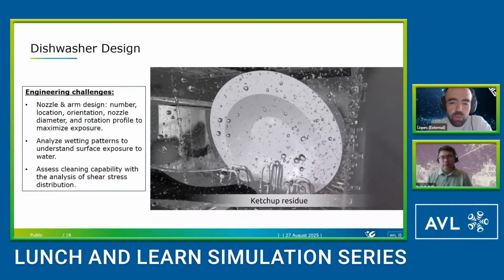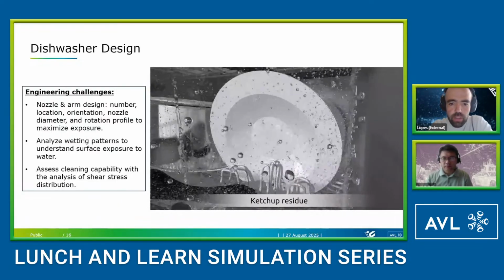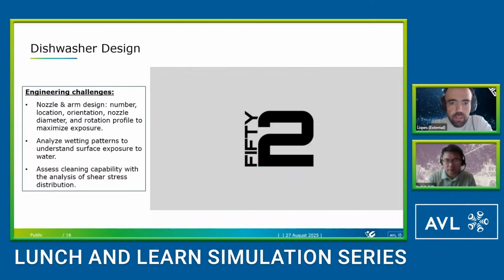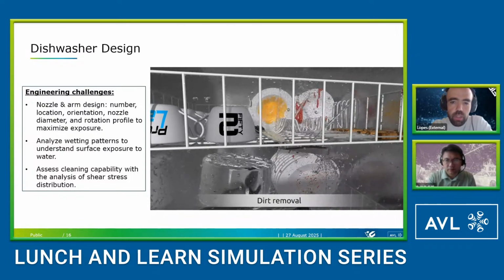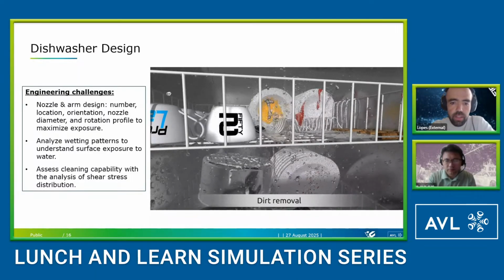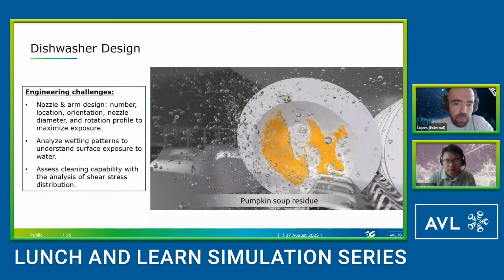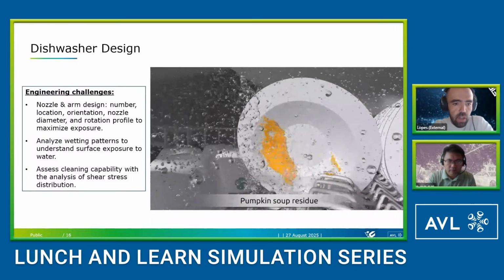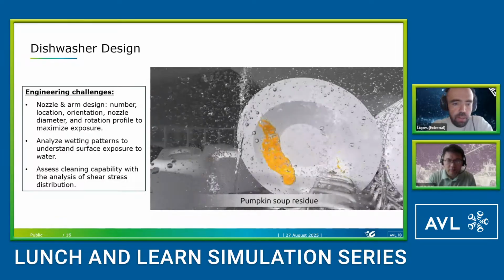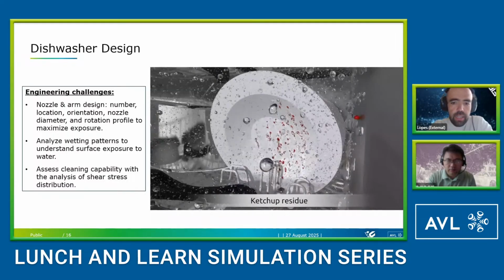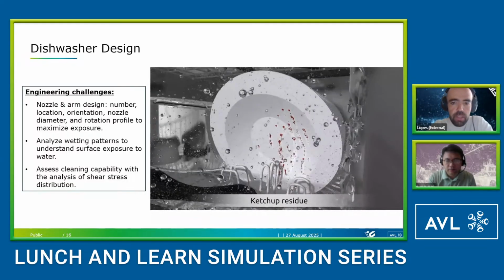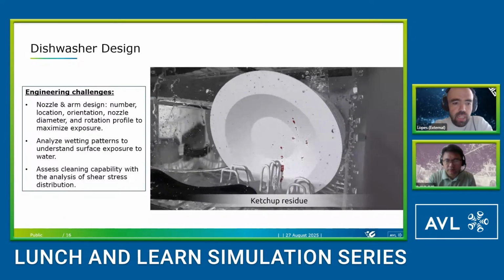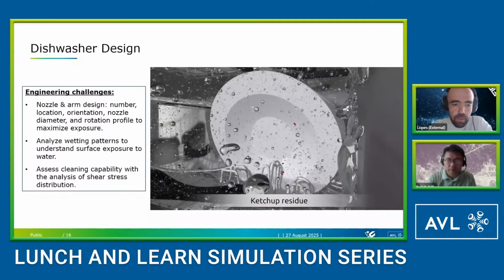Basically, we wanted to maximize the exposure of water to the plates and also maximize the shear stress on the plates so that this dried ketchup could be removed. Some parameters that we studied were the nozzle location, the number, the orientation, and also some diameters. Everything that we wanted to get insights into, we could do in PreonLab.